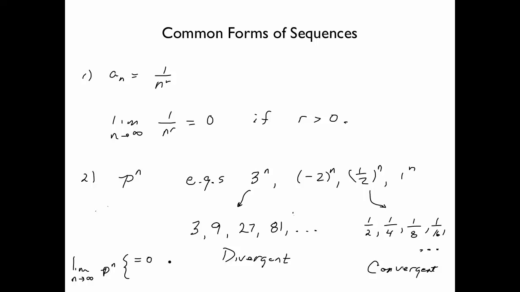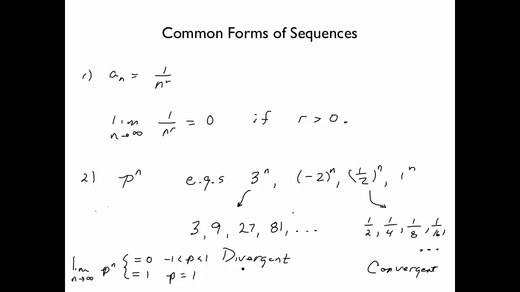So it'll be 0 if you're between 1 and negative 1. Why? Because it's like you're multiplying by the same fraction over and over again: 1/3 times 1/3 times 1/3 times 1/3. That's going to approach 0 if your p is between negative 1 and 1. There's a special case. It'll converge to 1 if p equals 1. Why?